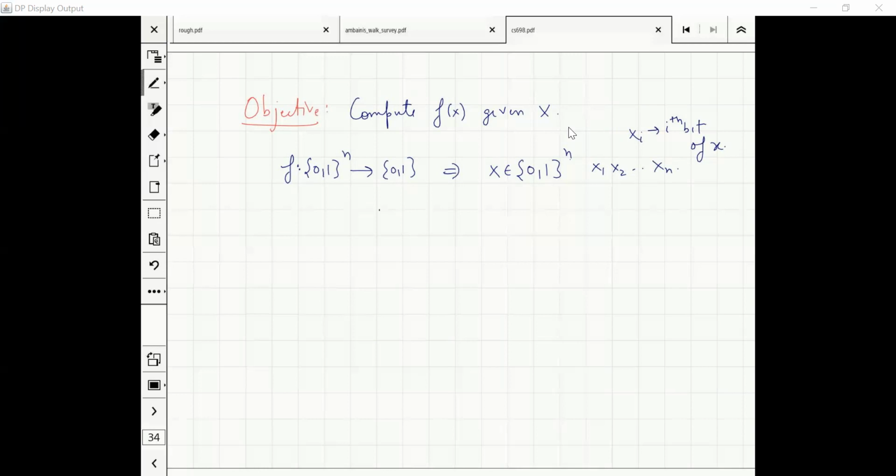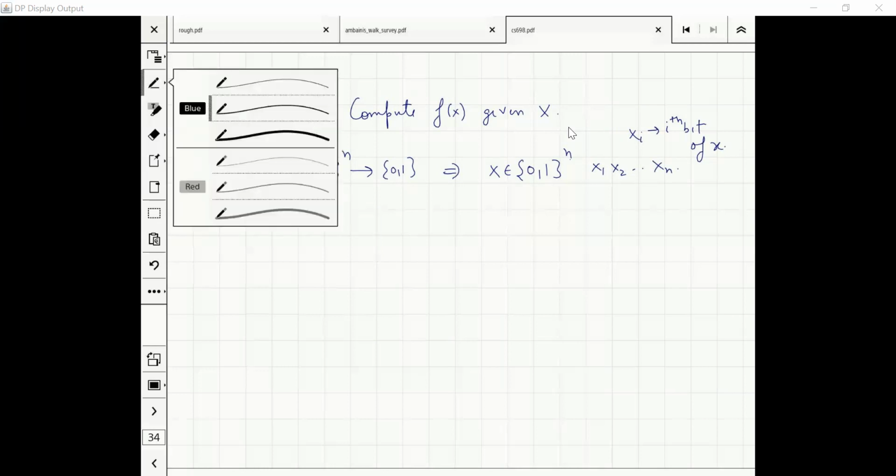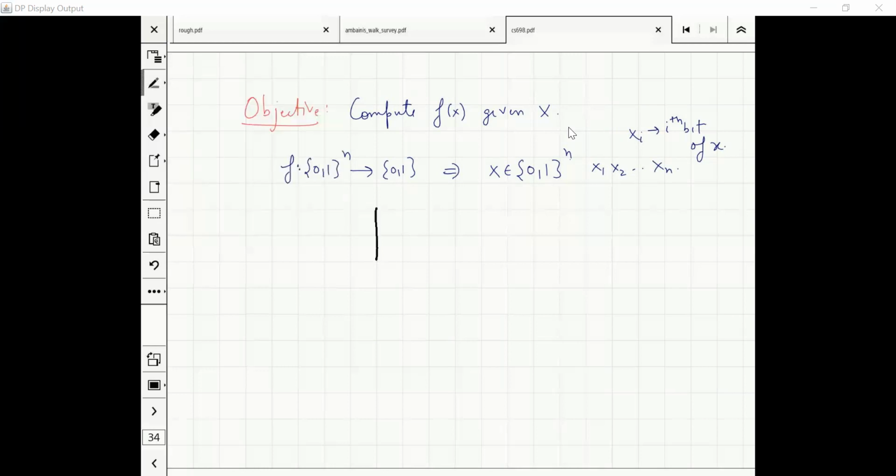To formalize this, one of the important concepts is that of a black box, or an oracle. Think of the input as being hidden by a black box. Unfortunately, it's a red box in my diagram, but black box means you don't care how it works. You only worry about the functionality. And what is the functionality?